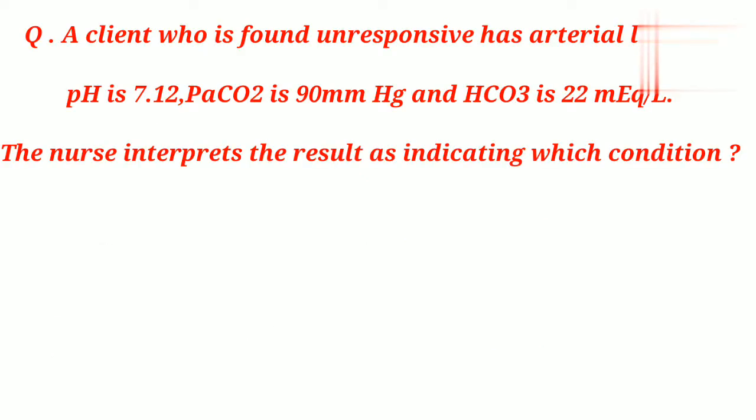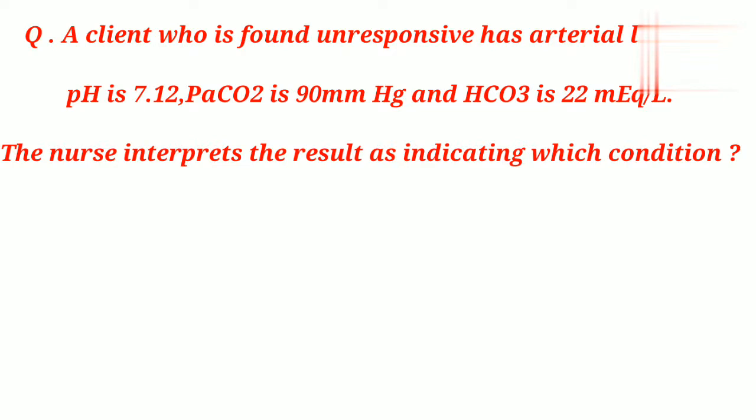A question: a client who is found unresponsive has arterial blood gases: pH is 7.12, PaCO2 is 90 and HCO3 is 22. The nurse interprets the result as indicating which condition? In this case, the patient is unresponsive.